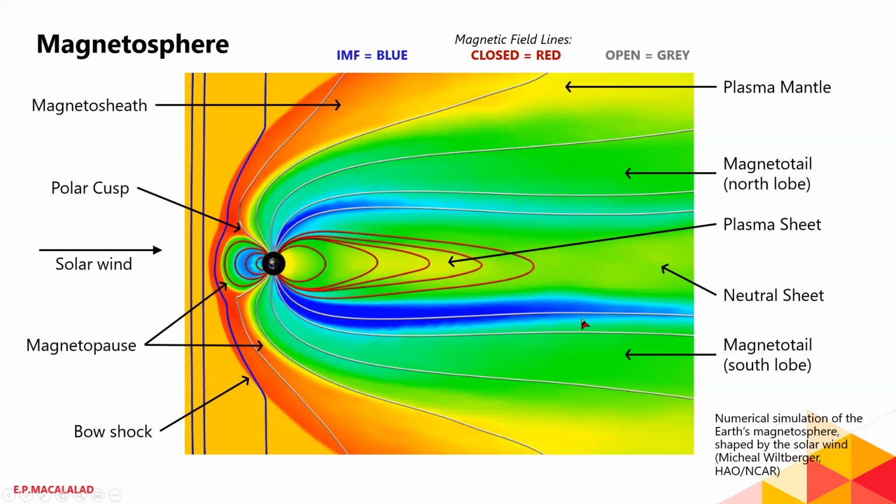But in the south lobe, the magnetic field points away. So because of the reversal, because of the differences in the direction of the magnetic field in the north lobe and in the south lobe, there must be a neutral sheet at the center. Okay, that's the boundary between the north and south lobe of the magnetotail.